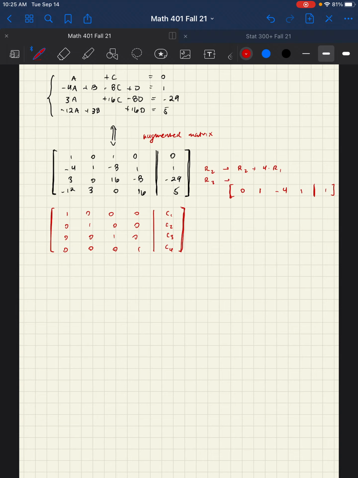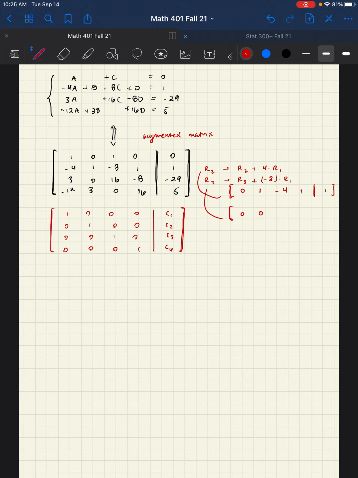Okay. And you know what? Why don't we go ahead and do the same thing with row 3. We're going to replace row 3 with negative 3 times R1, okay? And that's going to give us, so remember, this is this is this, all right? So negative 3 times 1 is negative 3, plus 3 is 0.